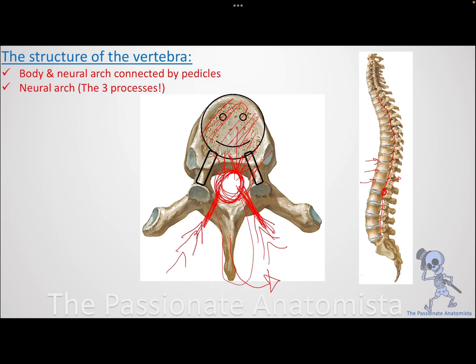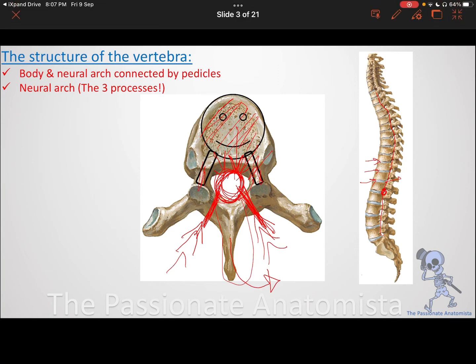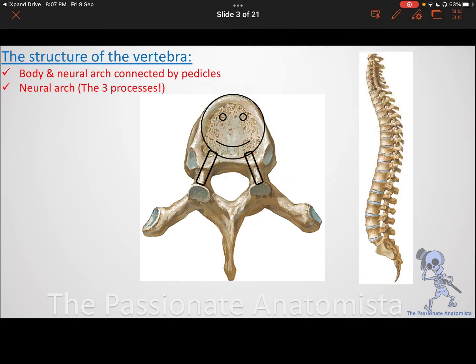If everything was connected, how would I get the spinal nerves out? The only way is if I have a connection between the superior articular facet of the pedicle and the inferior articular facet of the one above, converting this space into a foramen.